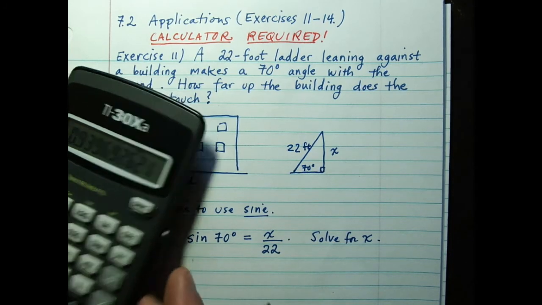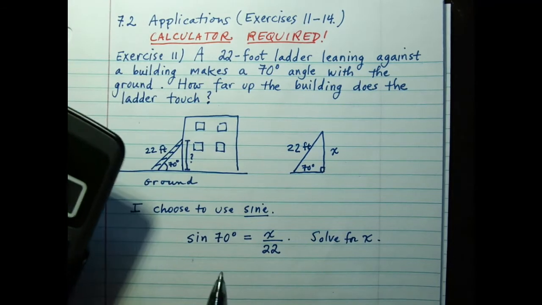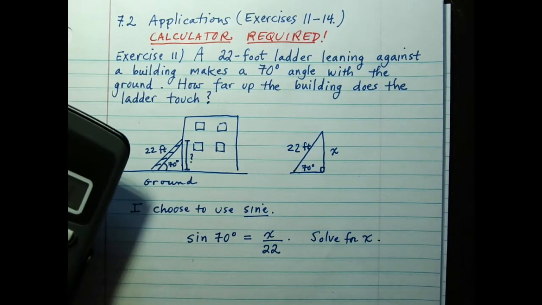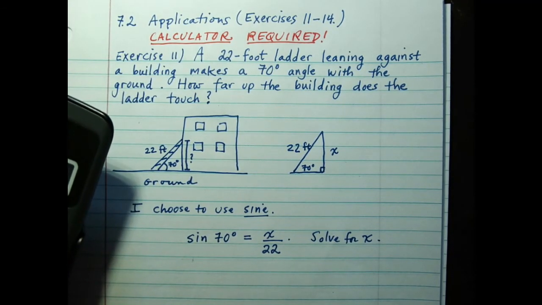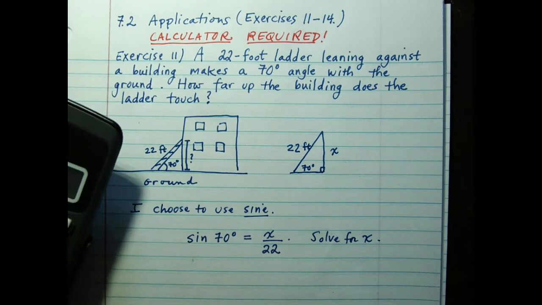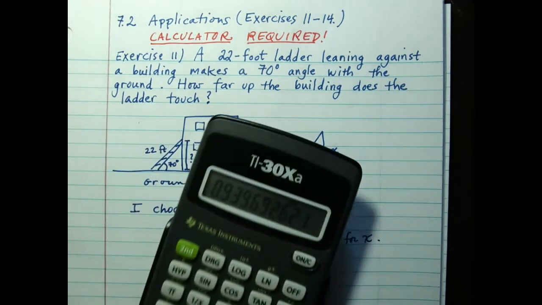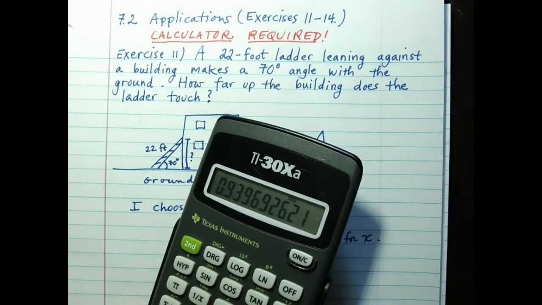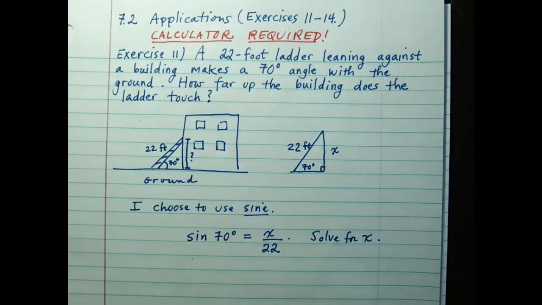Now, if you want to just work with your calculator and not write anything down, that's fine. You can just round off your final answer at the end. But for purposes here, I'm going to round off at four places, so I get 0.9397 rounded off at four places equals x over 22.